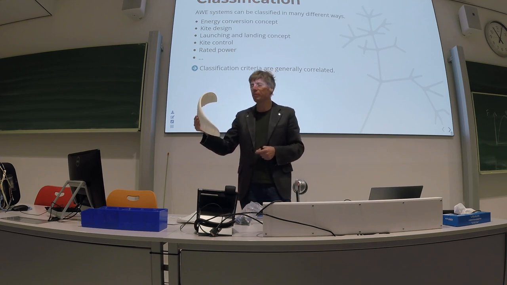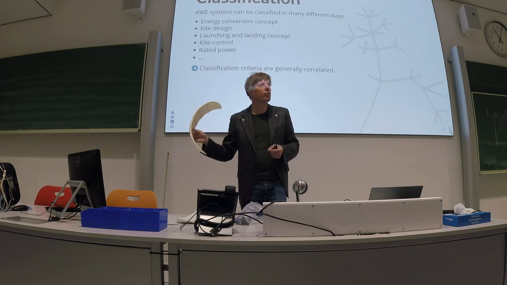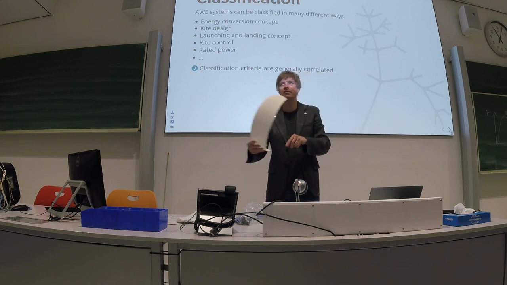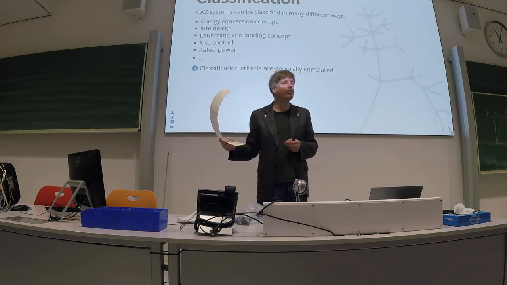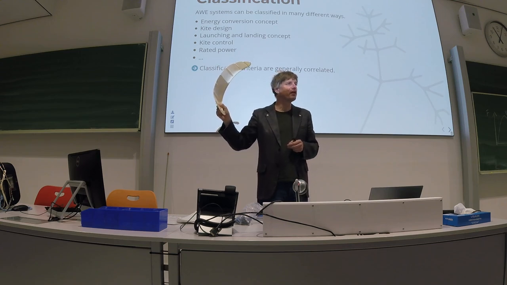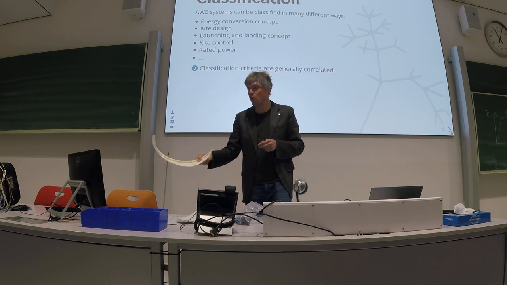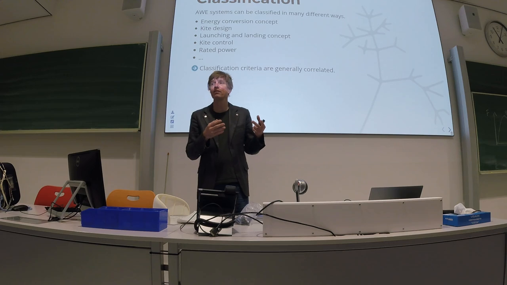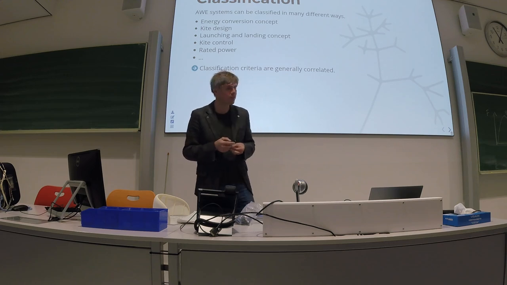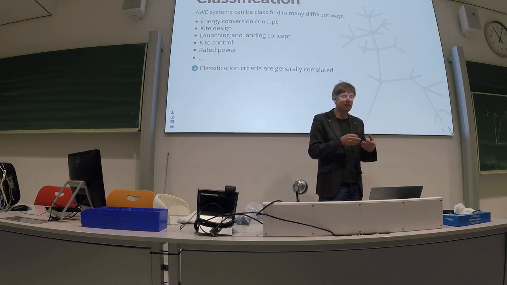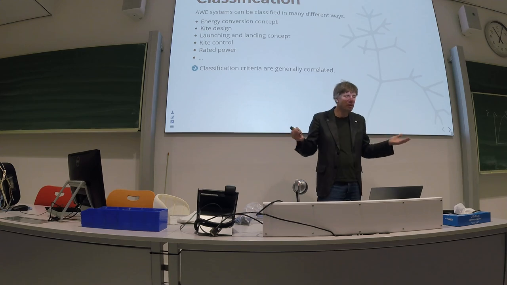Second, for onboard generation, you want a very fast flying kite so that the turbines see high incoming airflow. But these soft kites are not the best ones for high flight speeds. So for onboard generation, you really want to go towards a fixed hard wing concept with high lift to drag ratio. And you see this coming back by the fact that this, let's say, soft wing and onboard is simply not implemented.